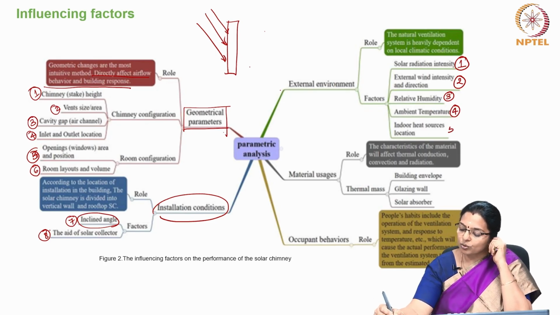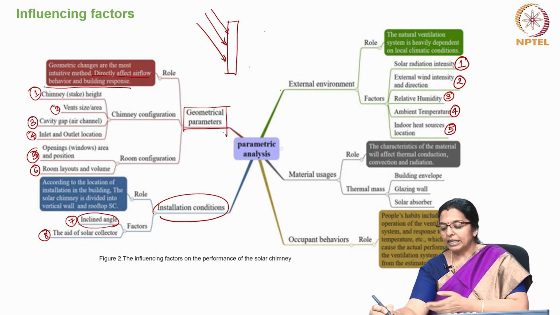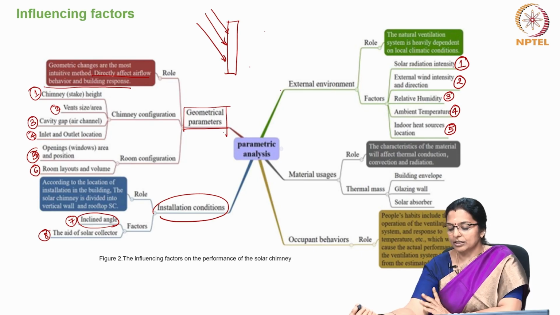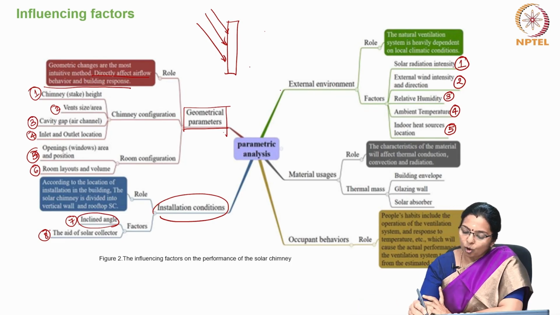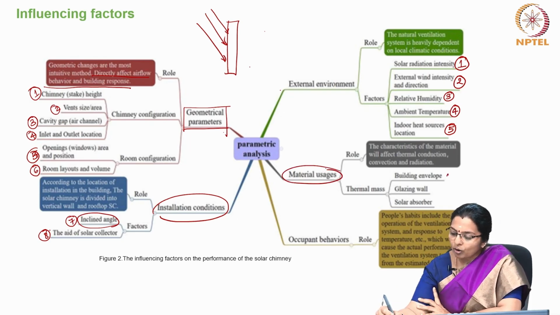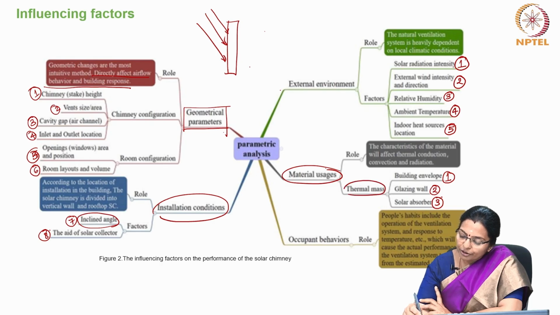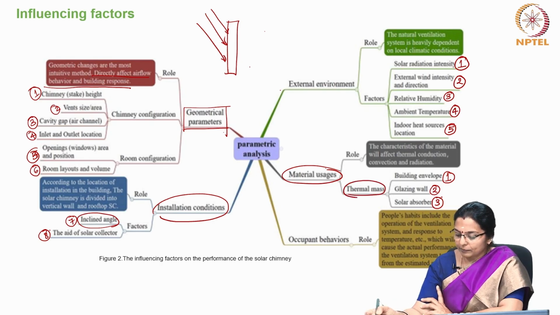Indoor heat sources location. Then the materials used, the characteristics of the material will affect the thermal conductance, convection and radiation. So, what are the building materials used? The building envelope material, the glazing wall and the solar absorber, all of these contributing to the thermal mass.